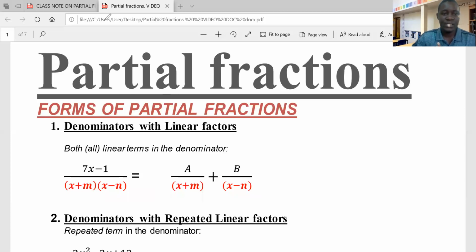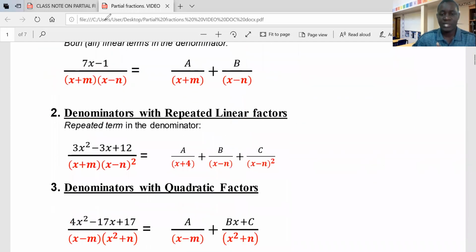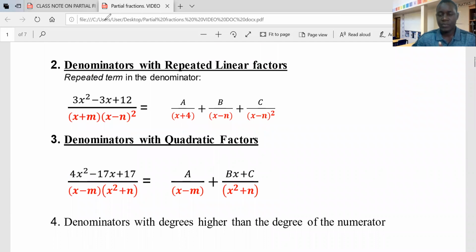Number 2 is the kind of fractions where we have the denominators as repeated linear factors. In this case, you can see that we have the factor x + m, and we also have another factor (x - n) in brackets squared. We have two factors there. One of them is x + m, and the other is (x - n) all squared. But x - n is a repeated factor. That means we have x - n coming twice.